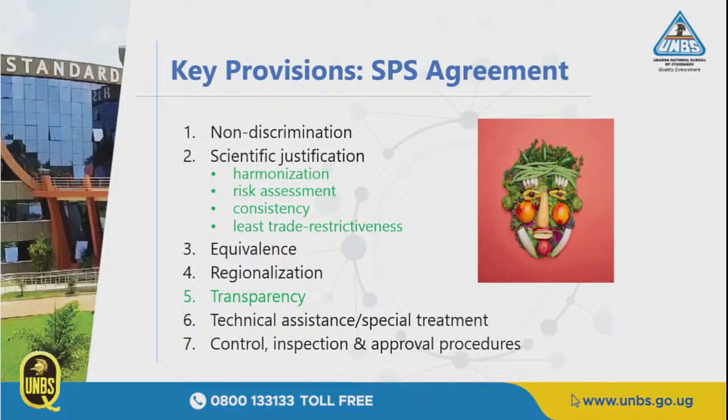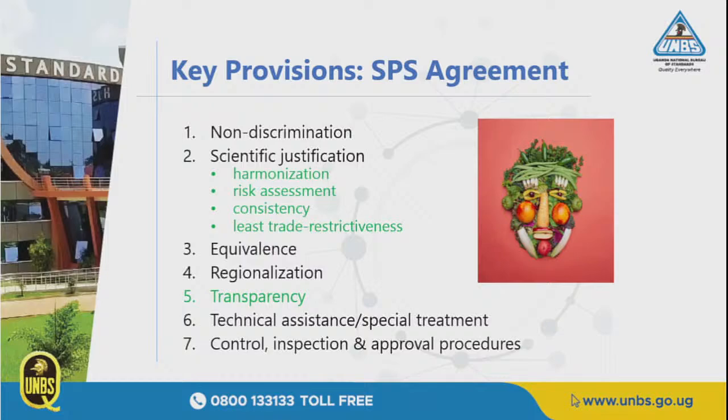It has provisions on equivalence. The SPS measures do not have to be exactly the same, but if they can achieve the same objective, then trade should not be prevented, if the two measures are not exactly the same but they can achieve the same appropriate level of protection.